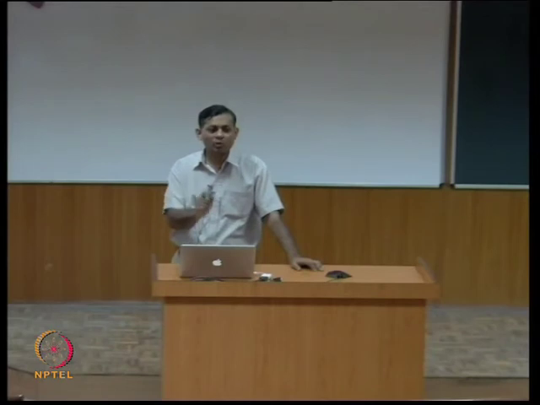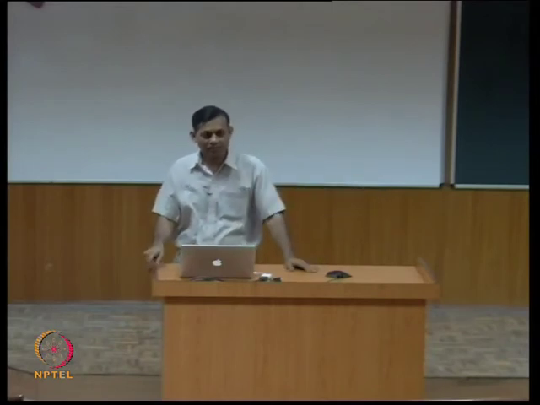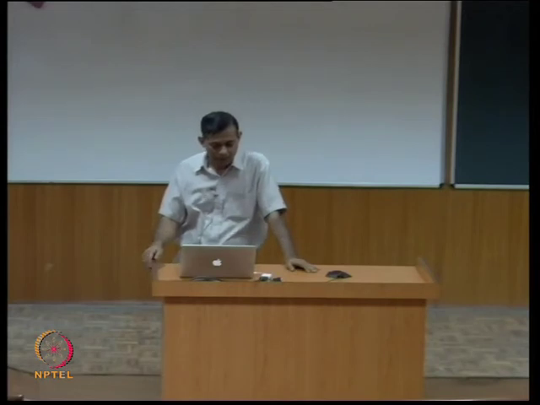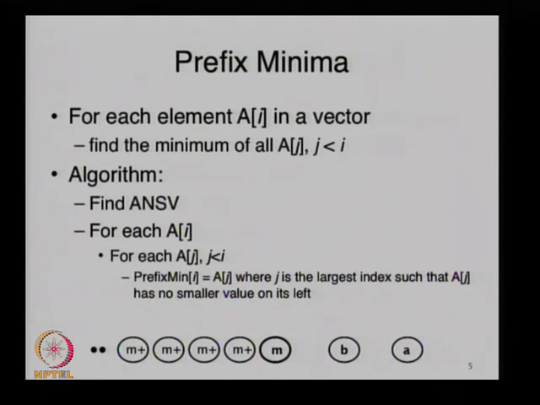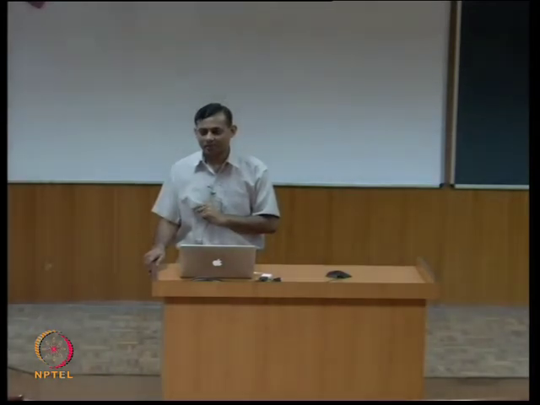But it knows that there is nobody on my left, either because it found its own value or because it found a null. What if there is an element B in the middle, which is smaller than M? Is such an element possible where B is your prefix minimum?